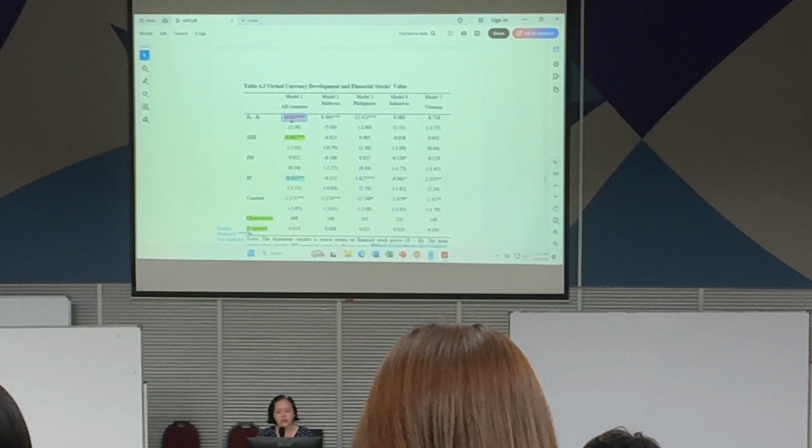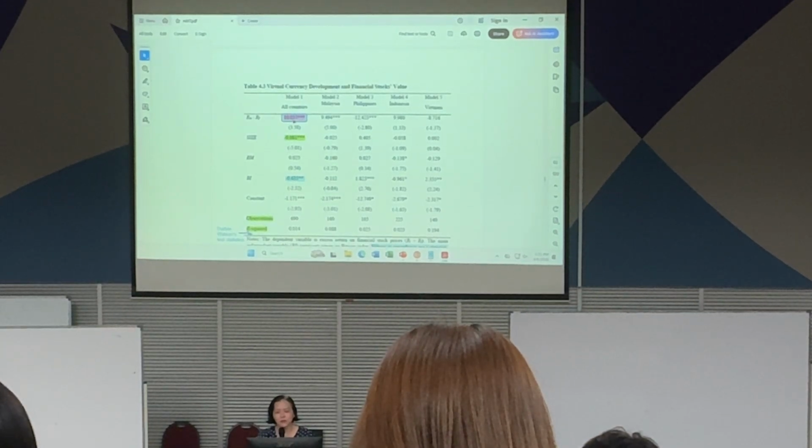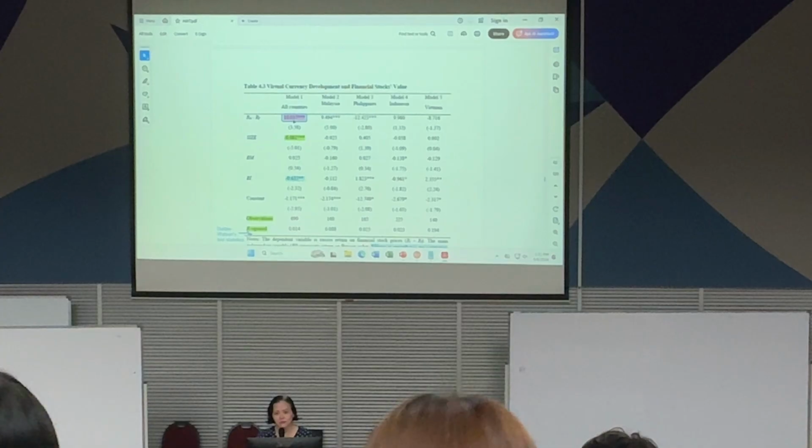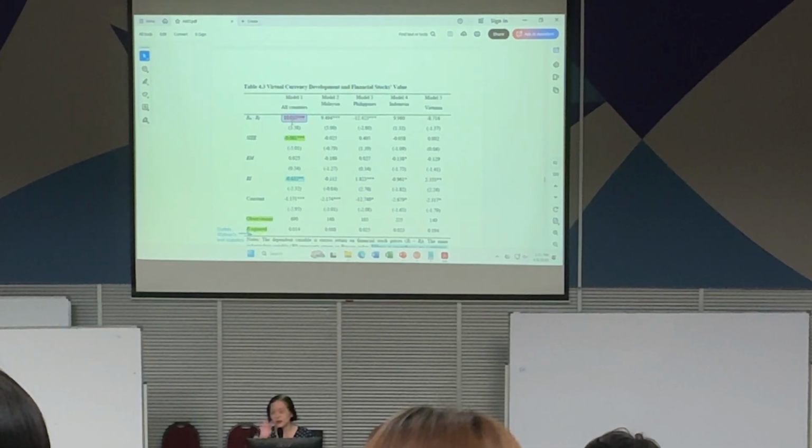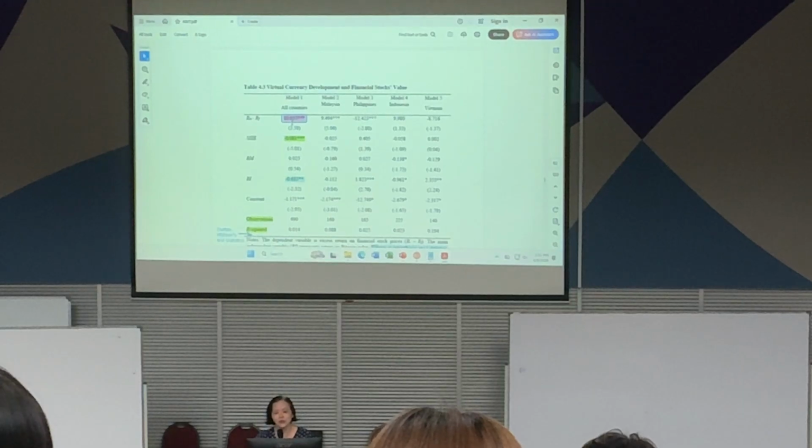This 10.037 will be your coefficient. Meaning, in your SPSS, that is your unstandardized beta. Yes or not? The unstandardized beta, the coefficient. In your E-views, it will be your coefficient. Okay? You go back and see where's the keyword.